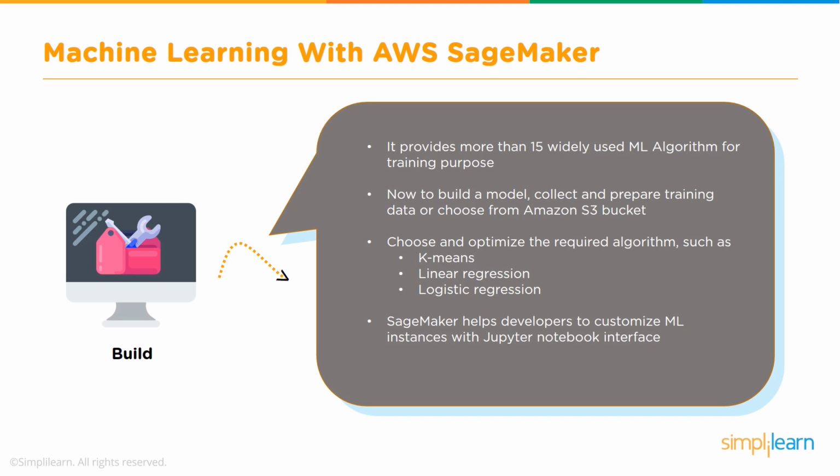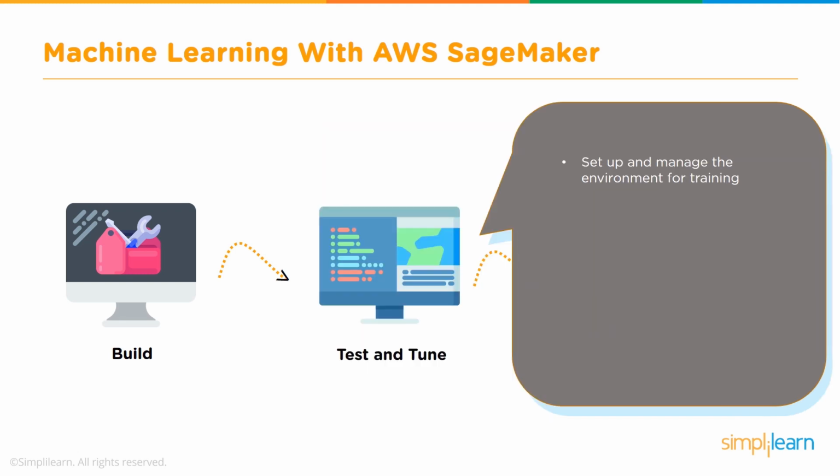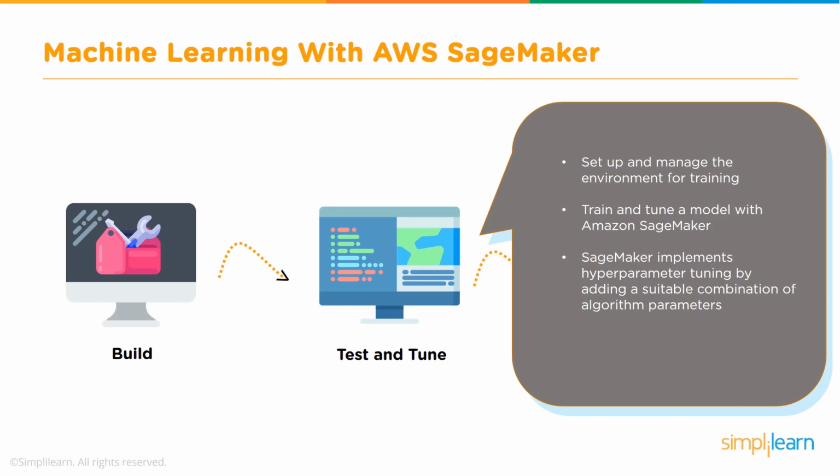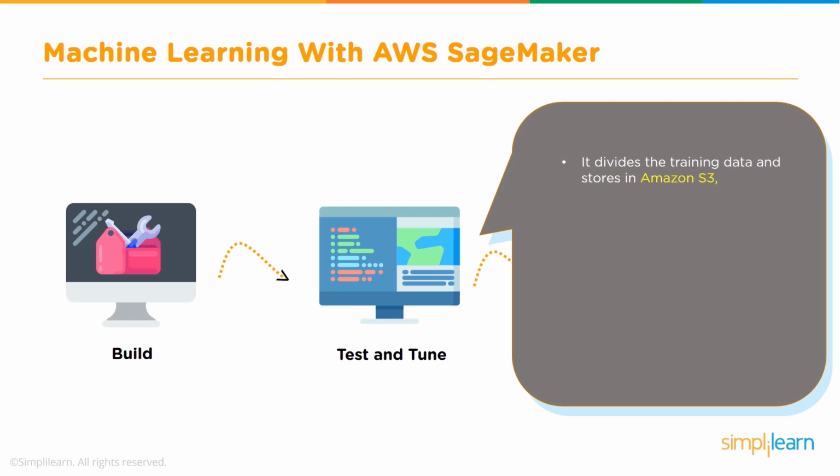In test and tune, you have to set up and manage the environment for training. So you would need some sample data to train the model. So train and tune a model with Amazon SageMaker. SageMaker implements hyperparameter tuning by adding a suitable combination of algorithm parameters. Also, it divides the training data and stores it in Amazon S3.